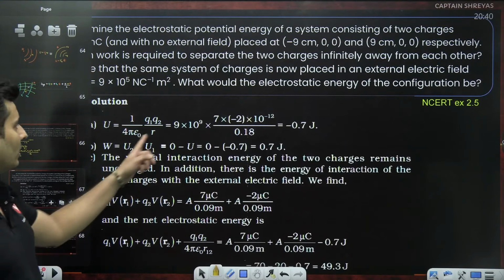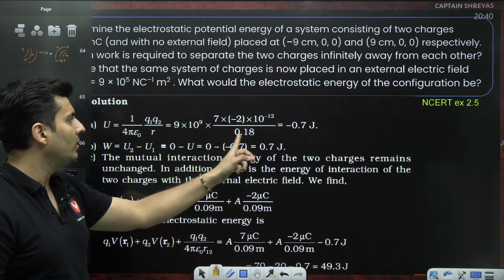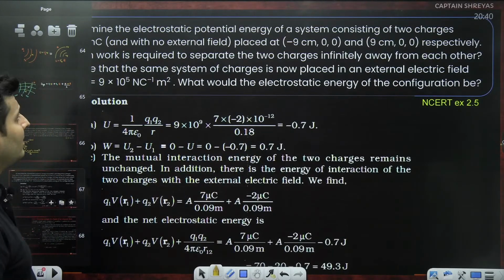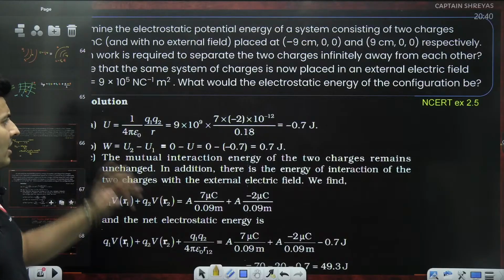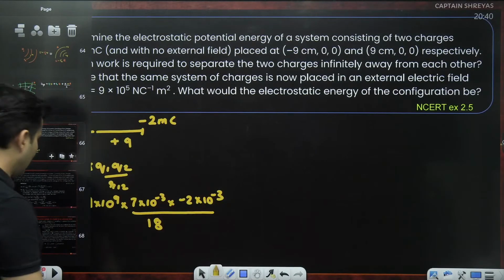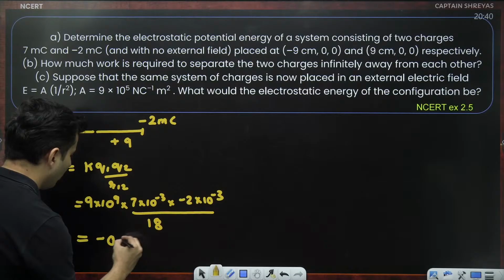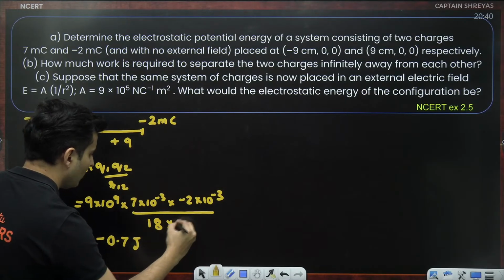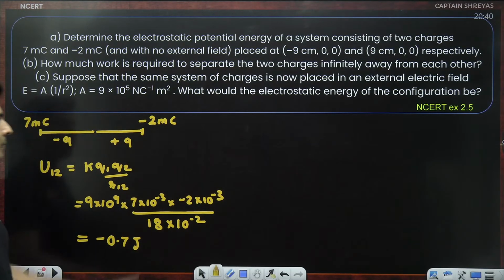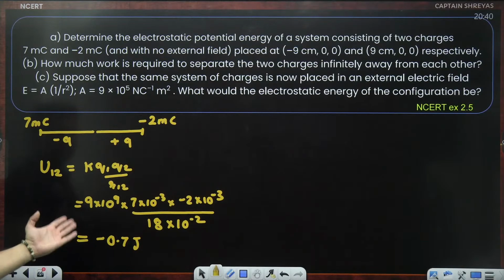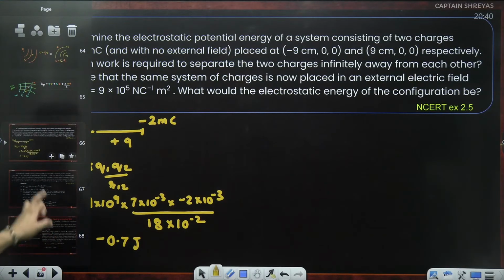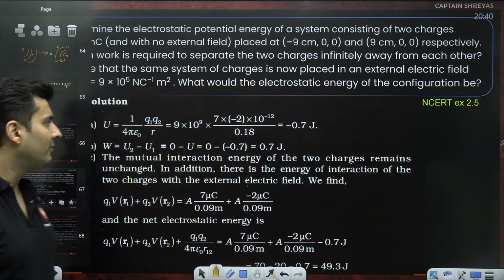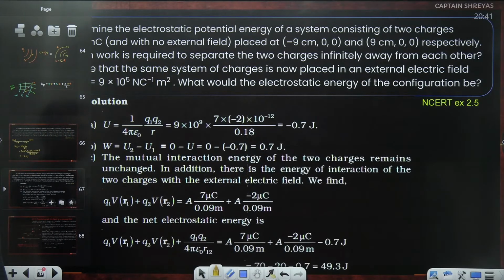That's exactly what they have done. K Q1 Q2 divided by R, but that was in centimeters. We'll convert it into meters. So the answer comes out to be minus 0.7 joules. This was also in meters, so 10 to the power -2. Yes, perfect. That is the correct answer for the first part of the problem, minus 0.7 joules.